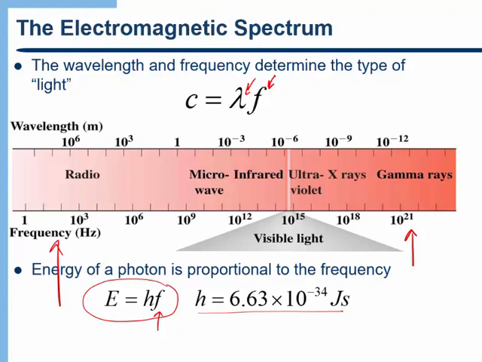And that's why X-rays and gamma rays can hurt you, because each photon has more energy and can damage the inside of the cells of your body. Whereas a radio wave photon has so little energy, it's going to just essentially bounce off.